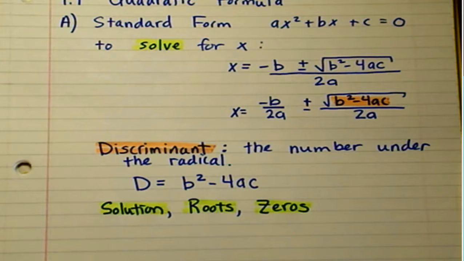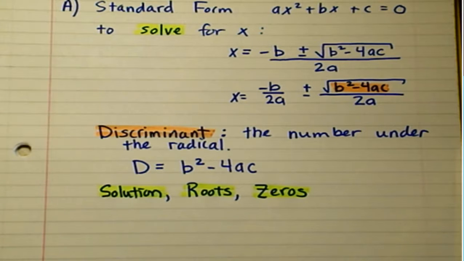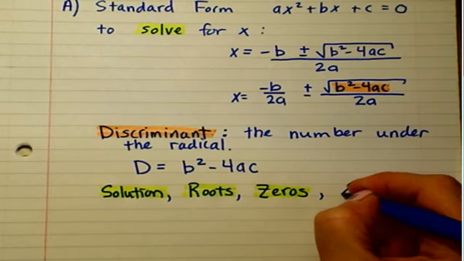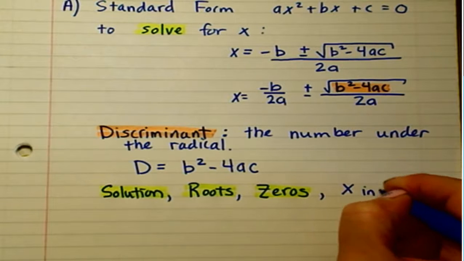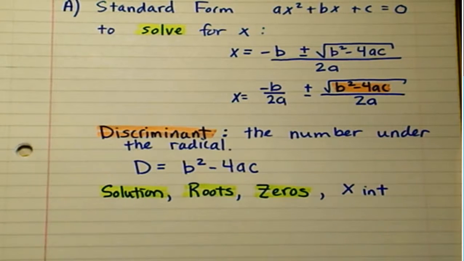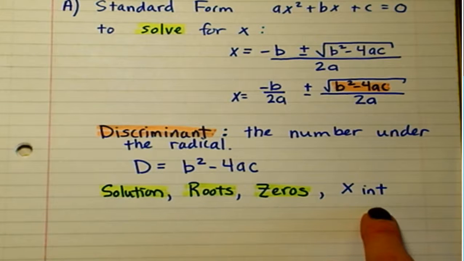There's one more word that I get to add here. And this is the word that really connects us to the next unit. X-intercept. X-intercepts are a visual of zeros, roots, or solutions.